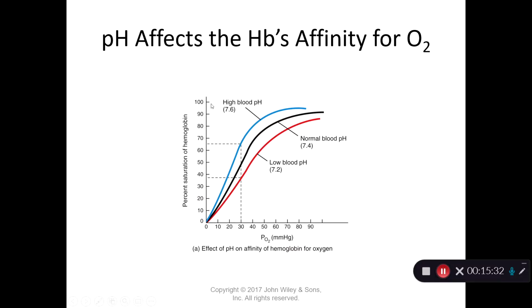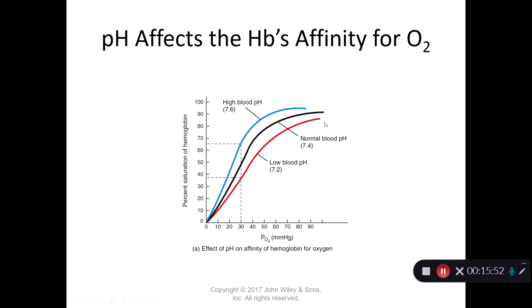Notice that the saturation it can achieve never really gets back up there. It's not very happy. But if you make it alkaline, more basic, it's going to hold on to it. So a lower blood pH will release it.